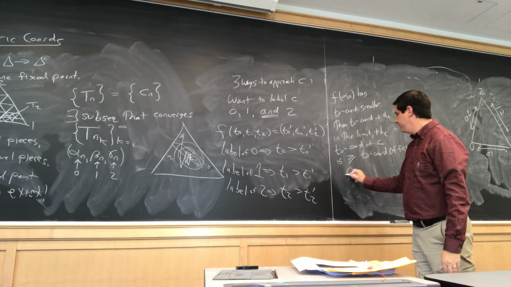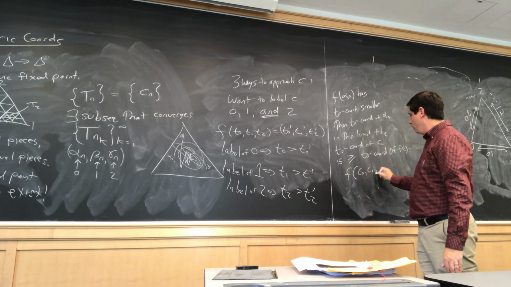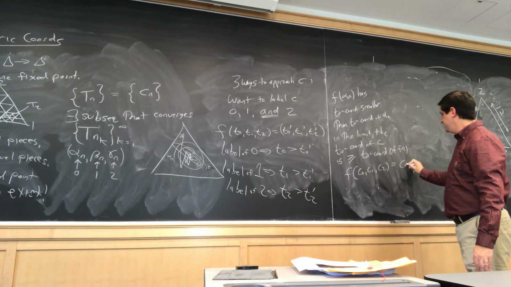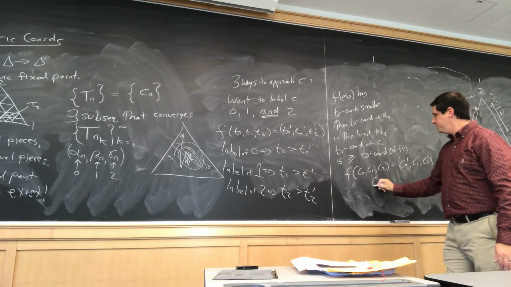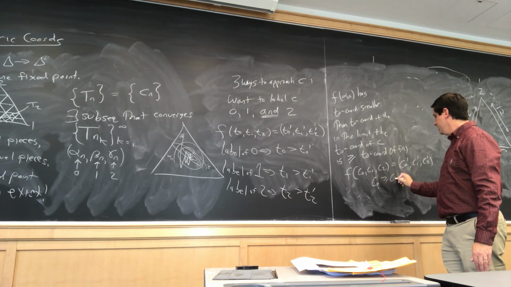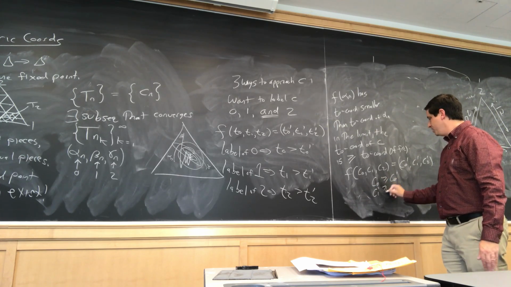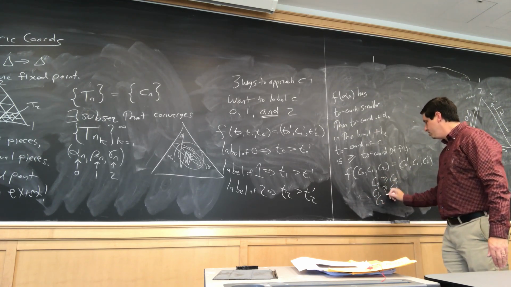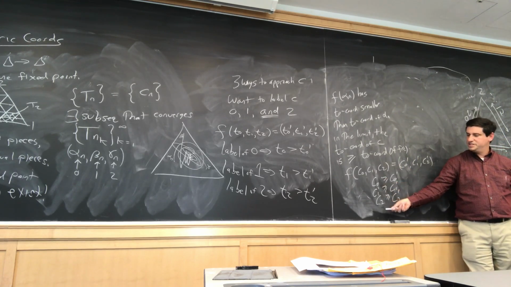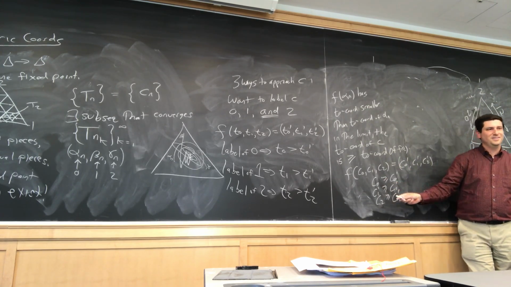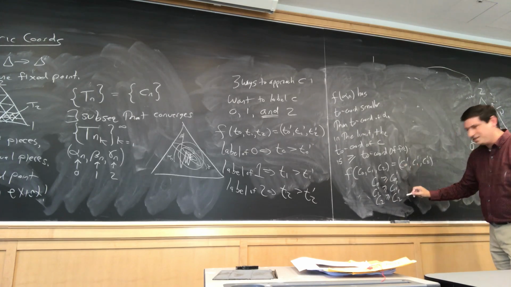So if we have f of (C0, C1, C2) goes to (C0 prime, C1 prime, C2 prime), we know C0 is greater than or equal to C0 prime, C1 is greater than or equal to C1 prime, and C2 is greater than or equal to C2 prime. But what do we know about the sum of C0, C1, C2? The same as this sum.